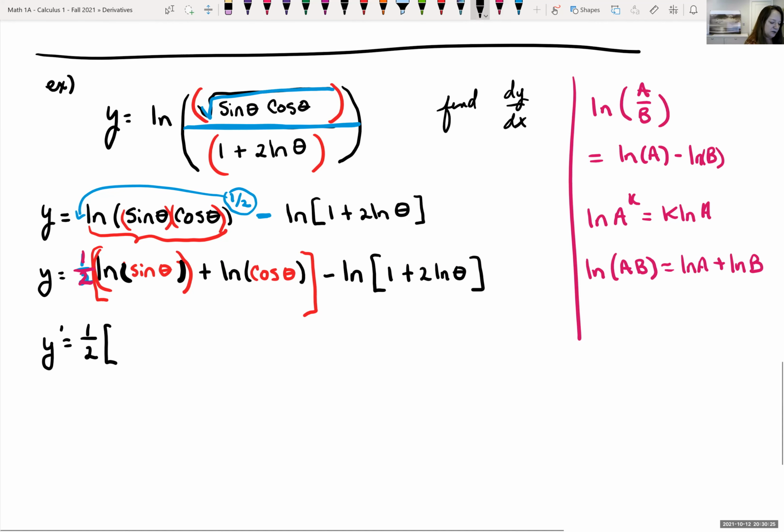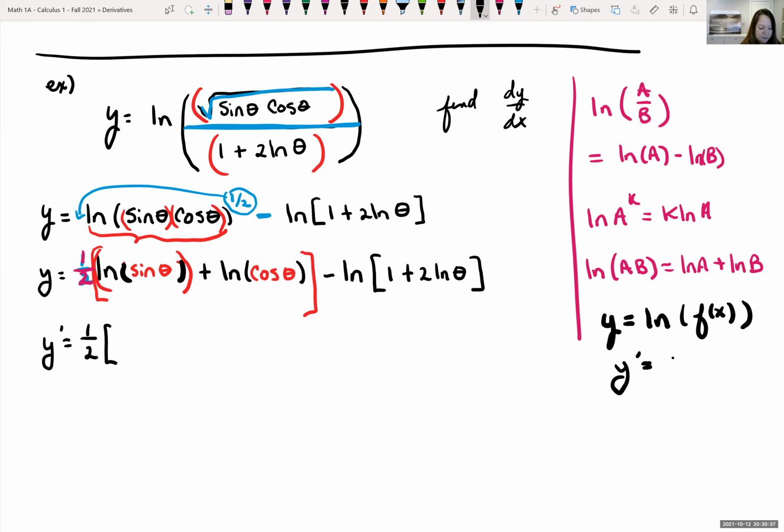Just really quick, because we're just learning this, if we have y equals the natural log of some function f of x, then the derivative is the derivative of what we're taking the natural log of, over what we were taking the natural log of.